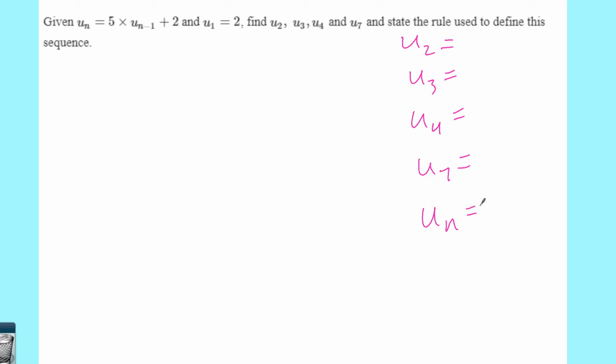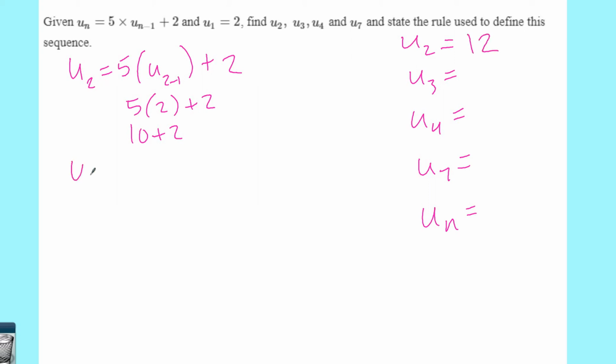The first term is 2. So to get the second term, we would do 5 times u of 2 minus 1, so 5 times the one before it, plus 2. The previous one was 2, so we're doing 5 times 2 plus 2. So that's 10 plus 2. The second term is 12.